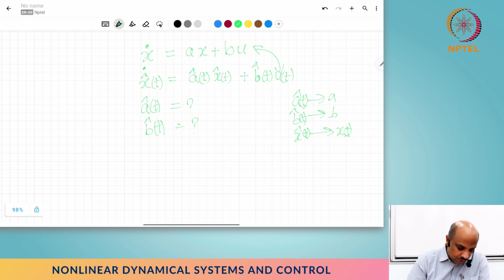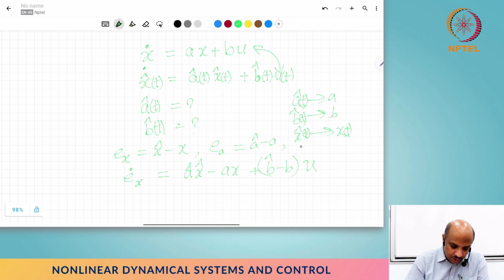So define e x to be x hat minus x, right? Then e dot x is going to be the difference between those two, and you'll get something like a hat x hat minus a x plus b hat minus b times u. Then let's define e a to be a hat minus a and e b to be b hat minus b.